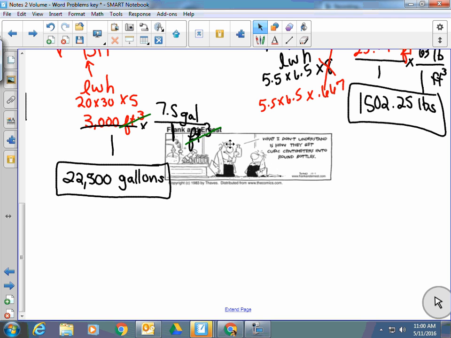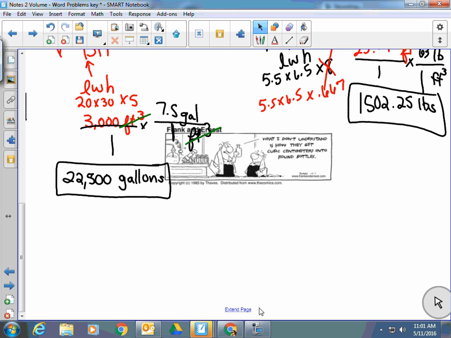Do you remember us doing this a couple of units ago? Okay, so I want gallon on top and feet cubed on bottom. And they told us it was a cubic foot. That's what gave us this part here. That allows this foot cubed and foot cubed here to be canceled out. And then I'm just going to multiply 3,000 times 7.5. And that should give me 22,500 gallons of water.